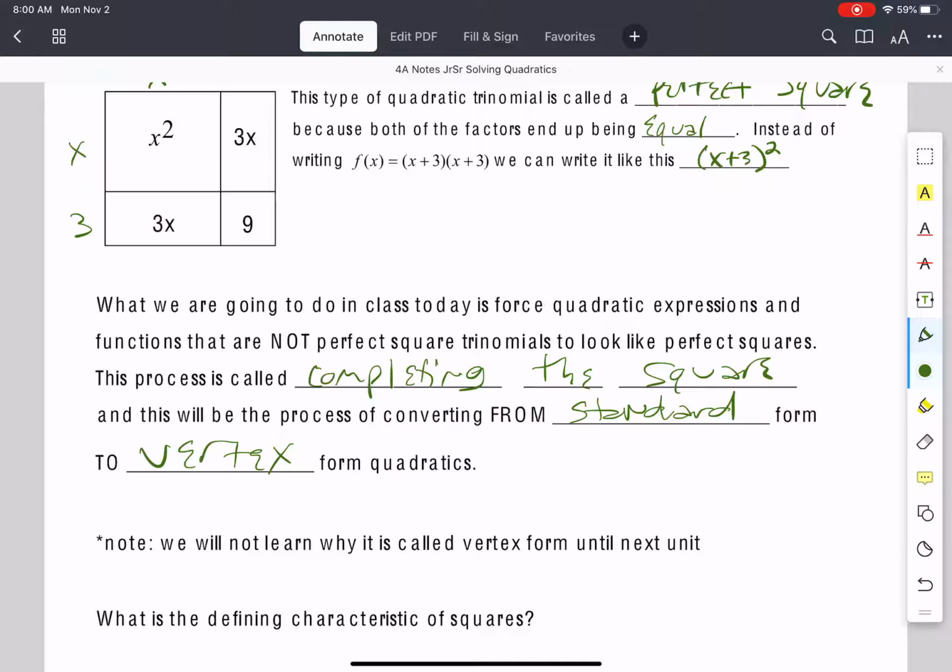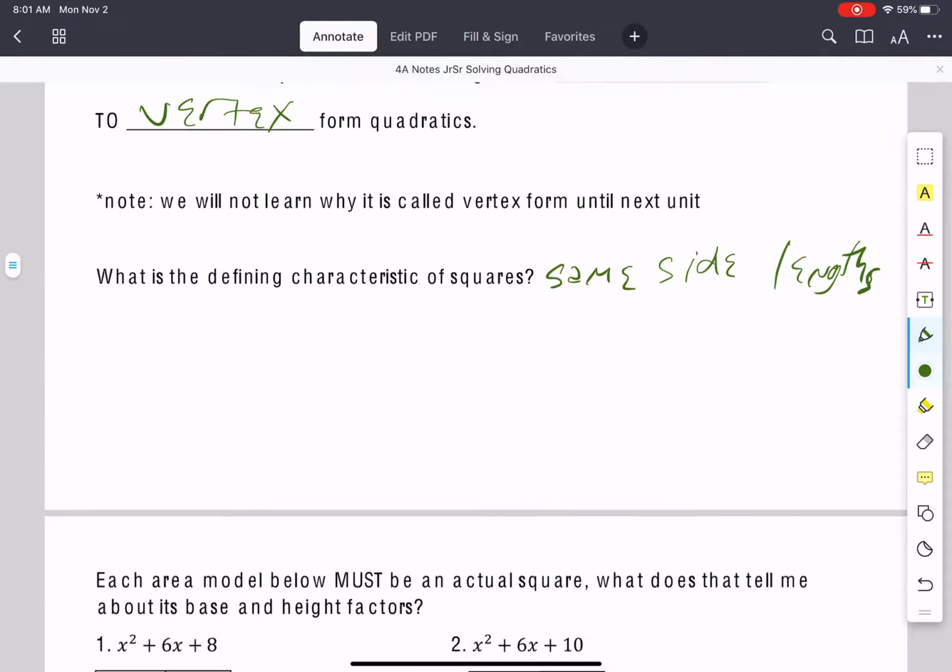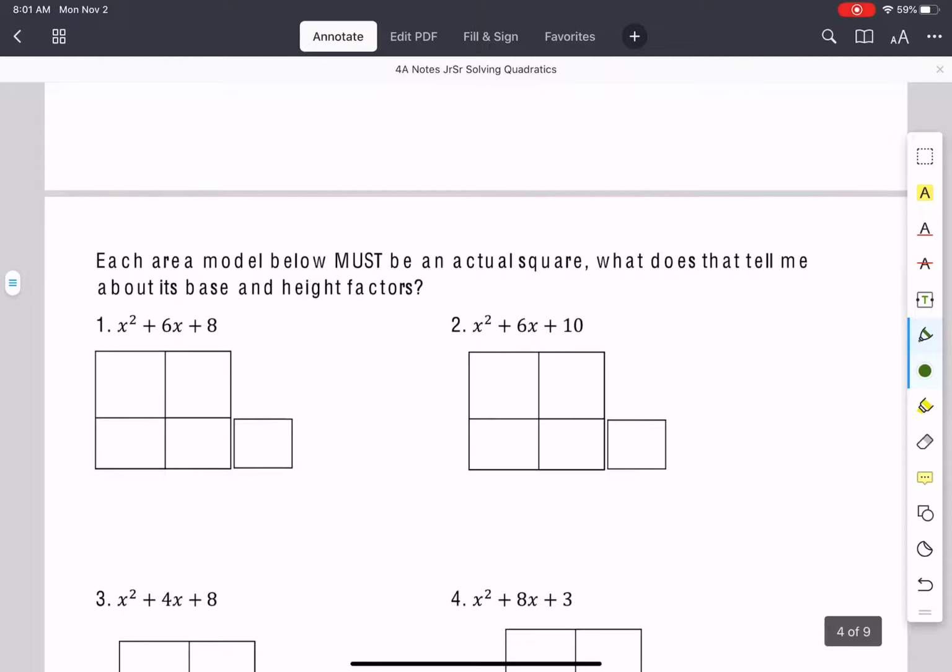What is the defining characteristic of a square? What makes a square a square? Yeah, same side lengths on all sides. Okay, what we're going to use on this one, it's called the extra box method, okay?